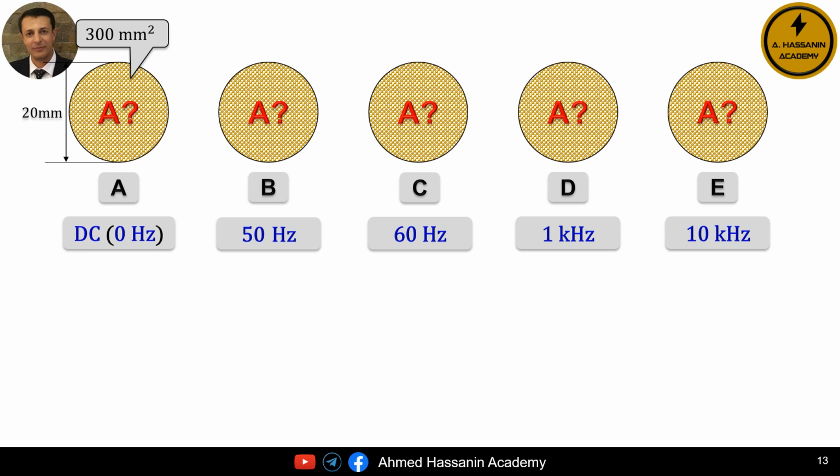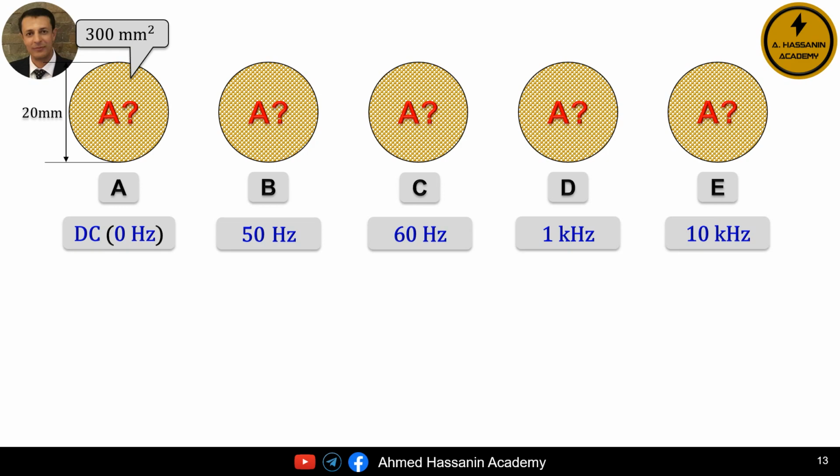Conductor B is used in alternating current AC circuits with a frequency of 50 Hz. Conductor C is used in AC circuits with a frequency of 60 Hz. Conductor D is used in AC circuits with a frequency of 1 kHz. Finally, conductor E is also used in AC circuits with a frequency of 10 kHz.